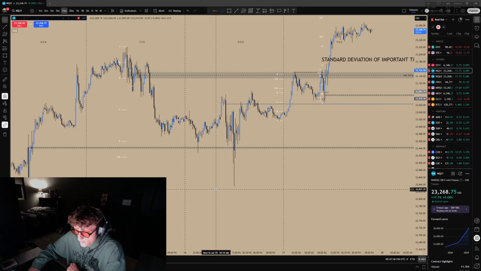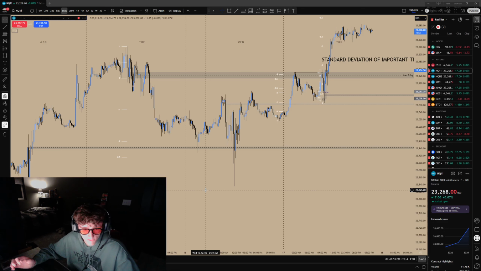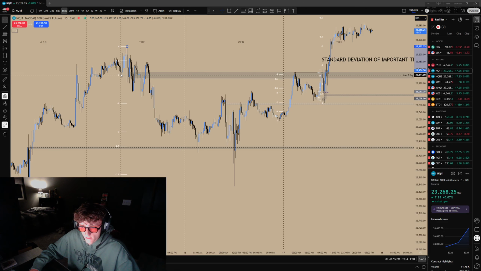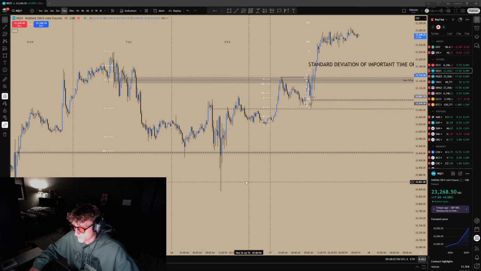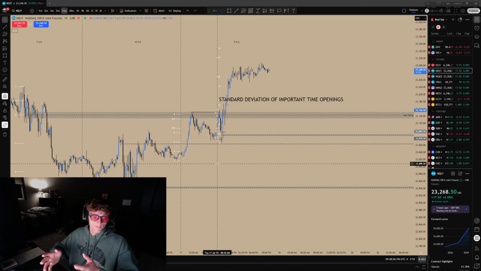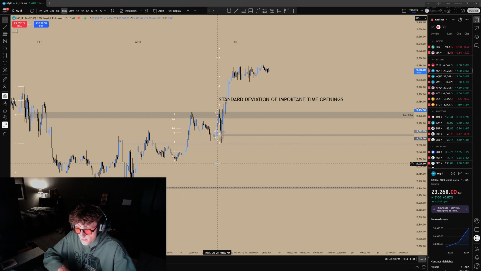So we came all the way down. We barely missed it, but when it's within a few points, you're not going to be perfectly accurate every single time because sometimes the wicks are really big and it throws off the standard deviation. So you have to be able to adapt. We hit -3, we reversed. I'm looking for longs the rest of the day, and that led us into what happened today.